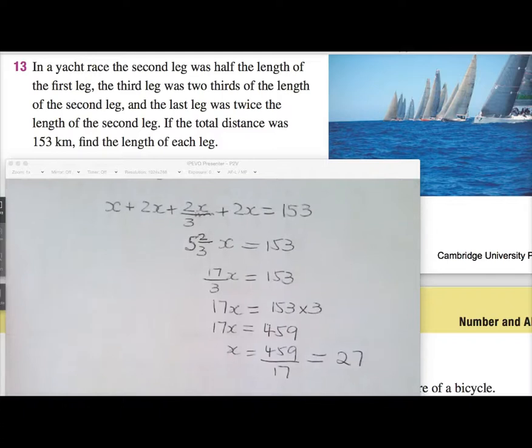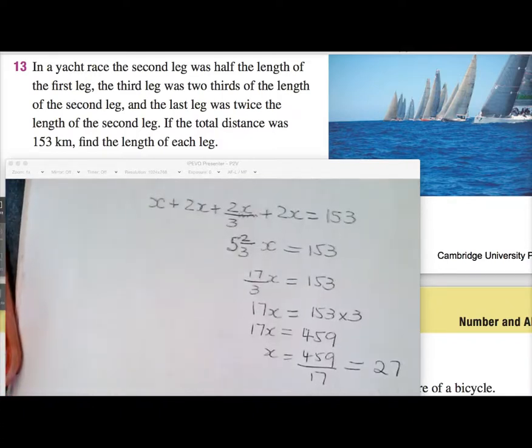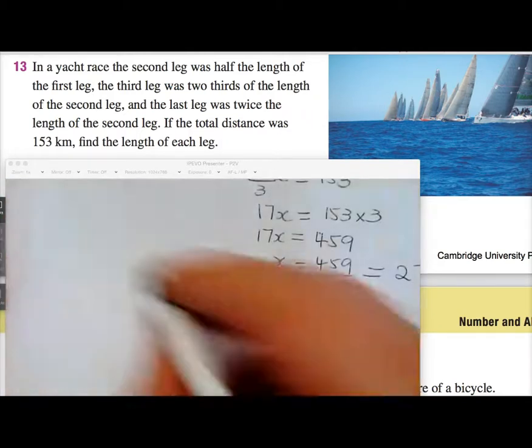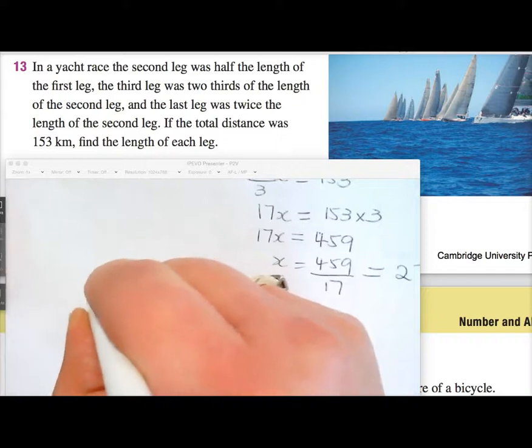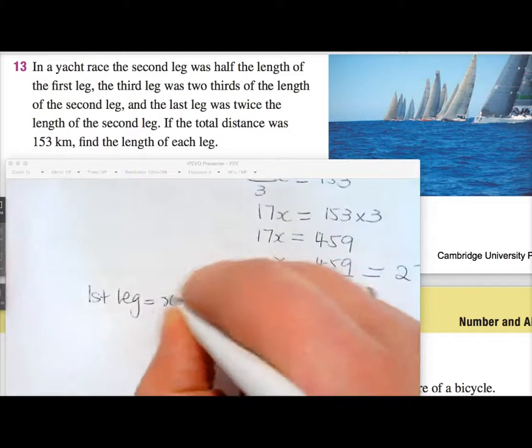The length of each leg. If x is 27, you can work out the 2x and the 2/3 of x. Okay? Please make sure you answer the question. So therefore, the first leg is x. No, it's not.